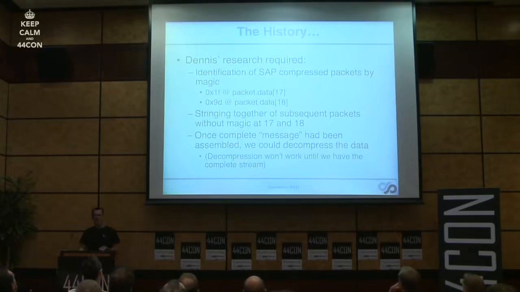For that, there's always a magic at packet data offset 17 and 18: 0x1f, 0x9d. That indicates that it's a compressed packet. He'd then have to manually string all of these bits and pieces back together using a hex editor. You'd end up with a complete message, and then we could go along and decompress it.